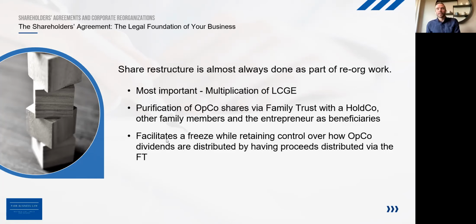For one, this can be done as part of what's called an estate freeze. This is a method where the existing shares of the operating company, which are called common shares and hold the value of the company, can be exchanged for preferred shares. To illustrate, say Acme Enterprises Inc. is held by one entrepreneur.